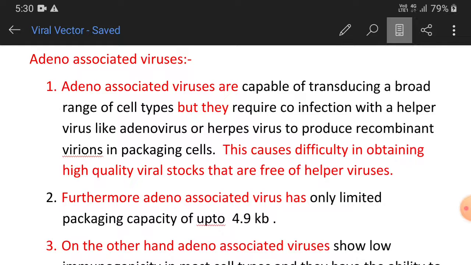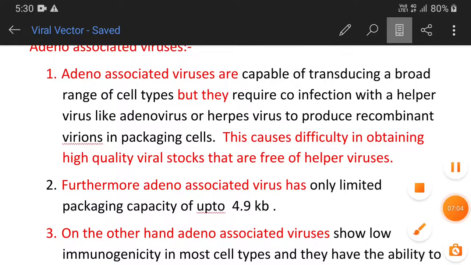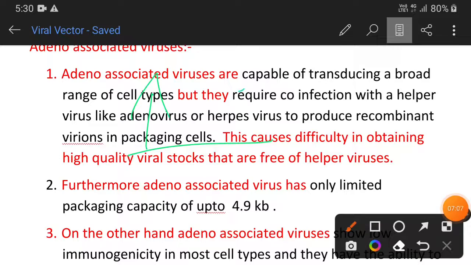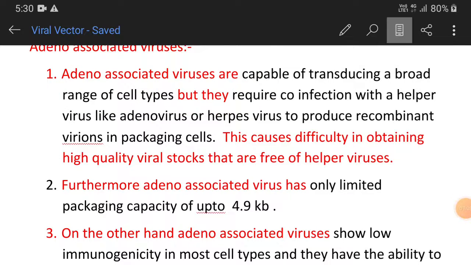That is why you cannot get a high quality viral stock that does not contain any kind of helper virus. That means pure viral stock isolation of adeno-associated virus is not possible.